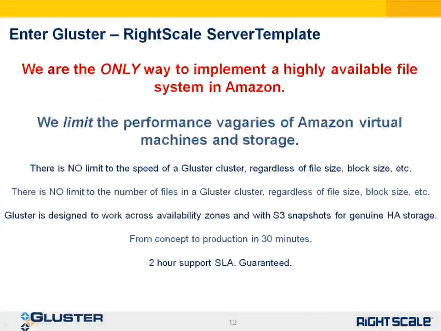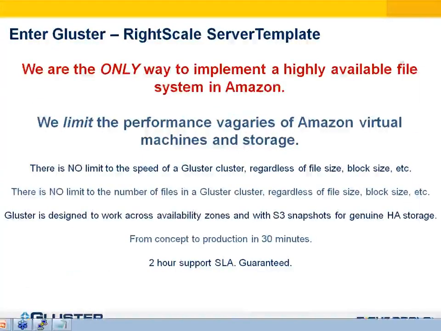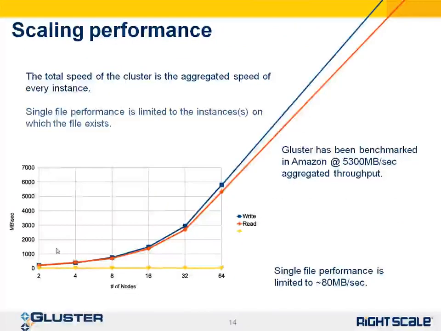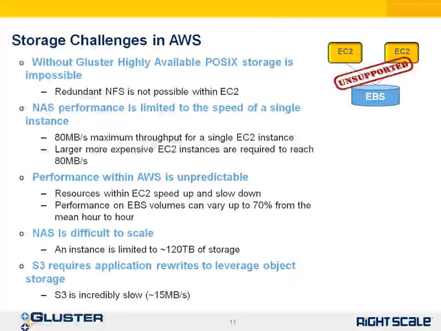I wanted to give you a quick glimpse into what Gluster does and what we can do uniquely, and why we've done it. So what are the big storage challenges everybody's facing in Amazon Web Services?